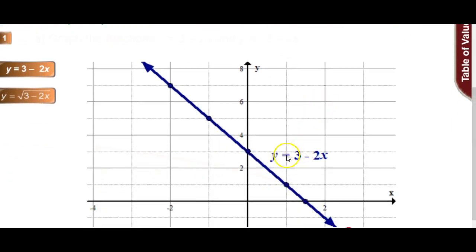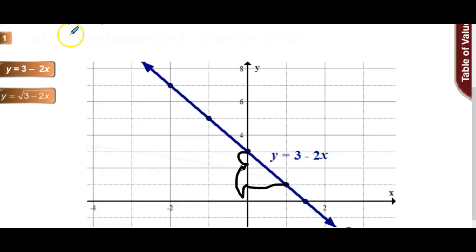We know that the y-intercept is 3 and that this is the slope, so it's going to fall. It goes down 1, 2 and over 1, and then that forms our line.